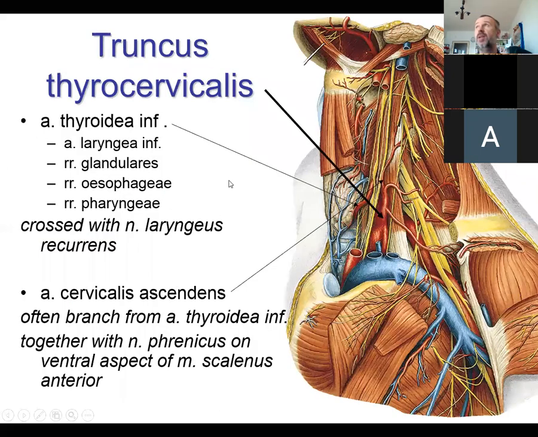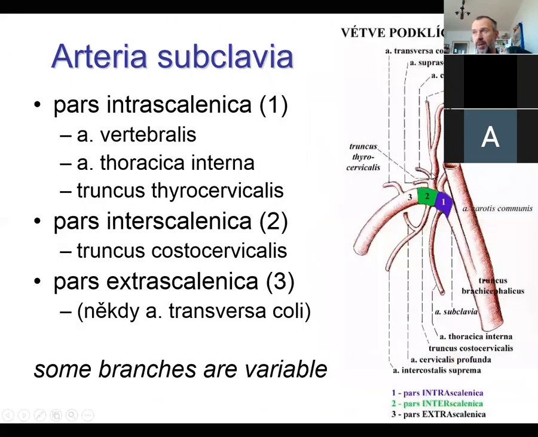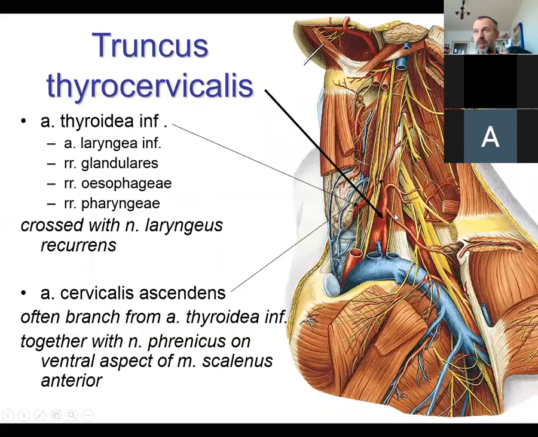Okay, so that's for the internal thoracic, and now thyrocervical trunk. Thyrocervical trunk, and I come back here. Thyrocervical trunk here gives the inferior thyroid, ascending cervical, transverse cervical, and suprascapular. These 4 arteries. So we start with the inferior thyroid.